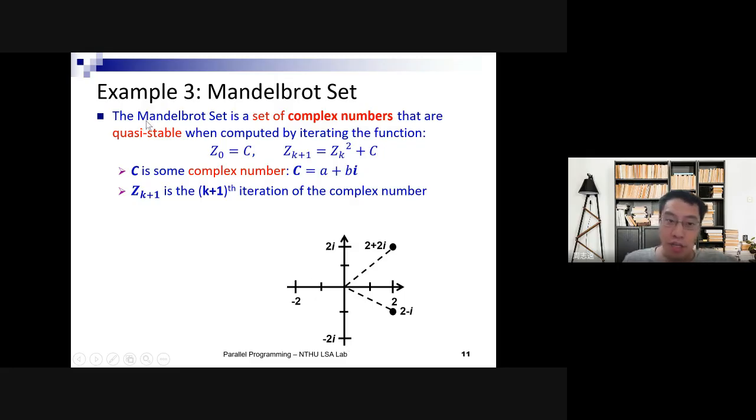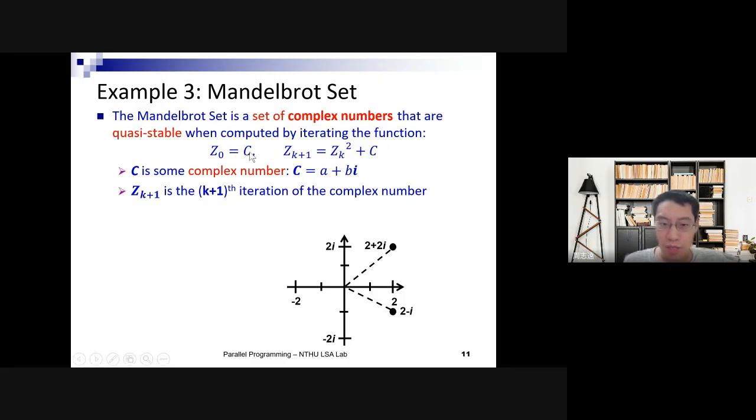And the Mandelbrot set is a set of numbers that satisfy the rules below. This rule is described by a repeated iterative computation equation. What it does is as shown over here, right? Z is the value after your iterated computation, and C is the complex number.